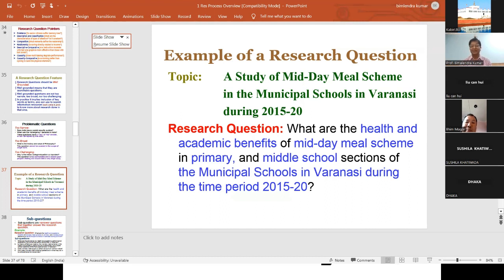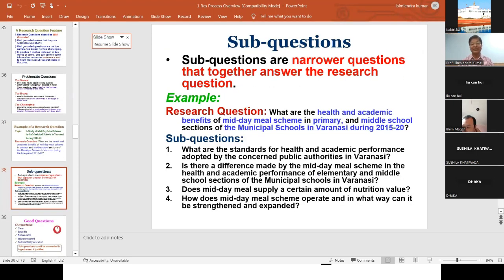What are the health and academic benefits of the midday meal scheme in primary and middle school sections of the municipal schools in Varanasi during 2015 to 20? So this is the main topic, and the research question can be framed like this: health and academic benefits of the midday meal scheme in the middle school and primary schools. These are some of the research questions which are being taken.